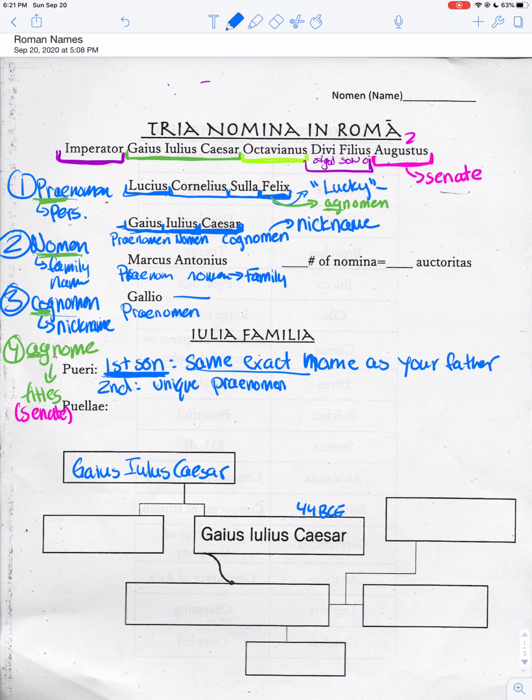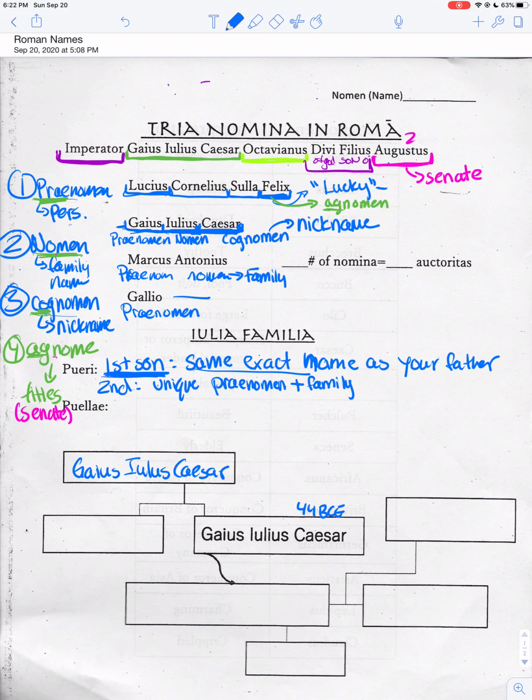So Lucius or Tiberius, there are about 12 different boy names that were popular that you really just stuck to, like 12 names that boys were called. And then, of course, they had their family name. So, second sons, their unique praenomen, Tiberius, Lucius, or whatever, and then whatever family name they were a part of.